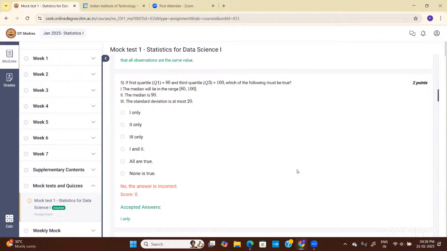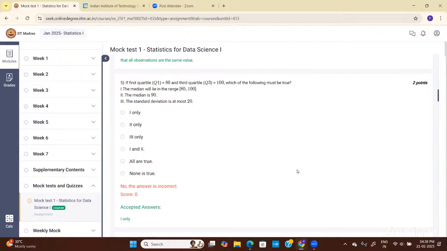So without the data set and with only Q1 and Q3, we cannot say that the median will always be 90. For a particular data set, the Q2 or the median can be 90, but it's not true in general.